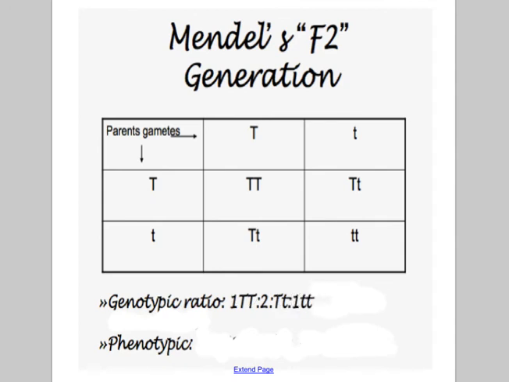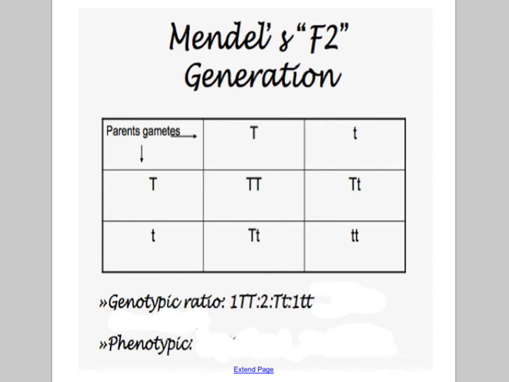Now the parents here are heterozygous. And anytime you have two heterozygous parents, you're always going to get a 1 to 2 to 1 ratio for the genotype. Now the phenotype, well, let's take a look. Big T is tall, so that's going to be tall. Big T, little t, you got 1 big and 1 little, so it's going to be tall again, yep.